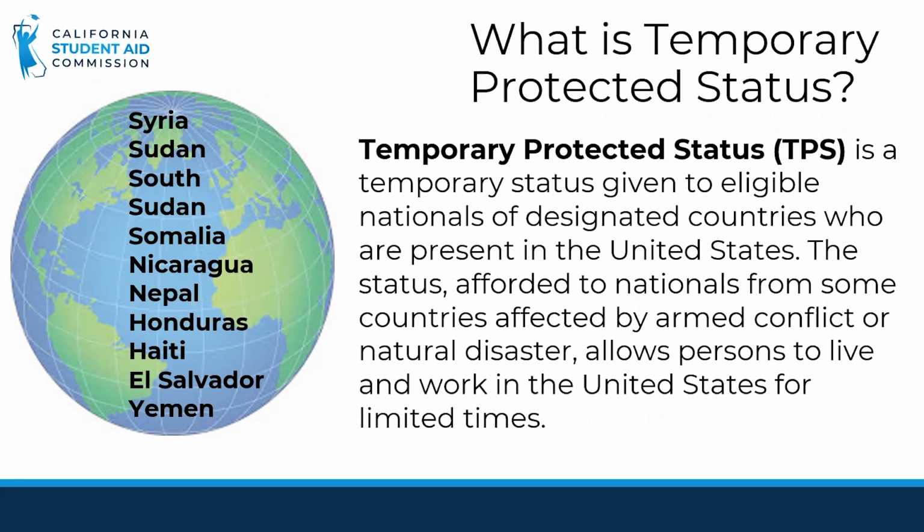Sometimes there's just something happening in that country that does not allow a person to safely return to that country. In that case, we give it TPS status, and that would allow students, if they are from one of these countries, and I've listed the current countries that have TPS status, to fill out the DREAM Act application. Now, just bear in mind one thing: these countries can change. In other words, a country could fall off or be removed from the list, and a country could be added to the list. So students will need to check that status.